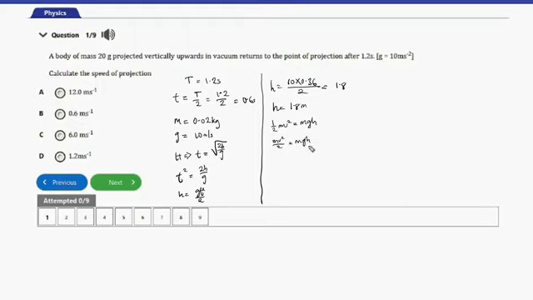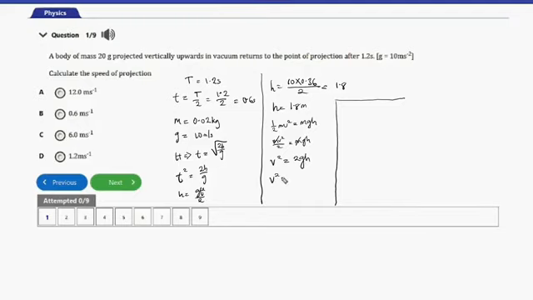So in that case, if we make v squared the subject of this equation, we can go ahead and cancel out m, and then we'll have v squared is actually 2gh. So if v squared is 2gh, what's g and what's h?